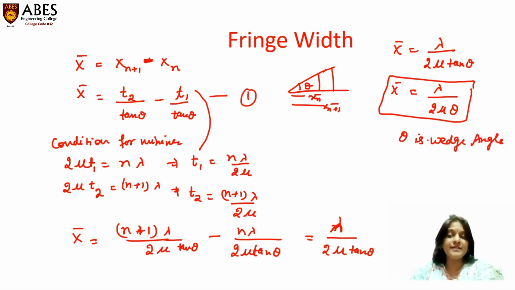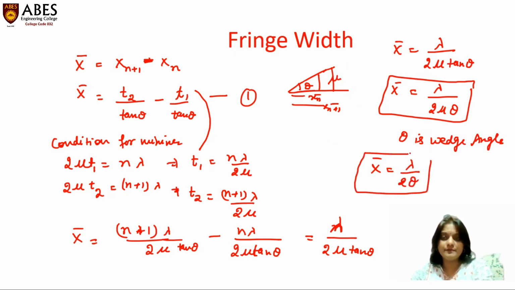Mu is the refractive index of the film between the two surfaces. If between the two surfaces there is air, then the fringe width formula is lambda upon 2 theta.